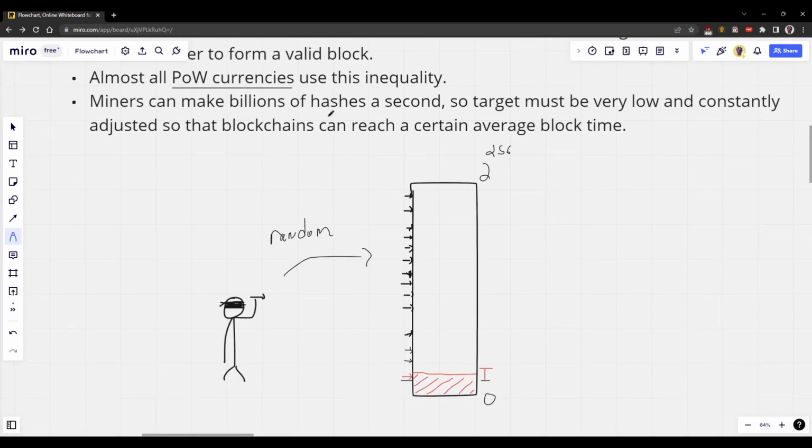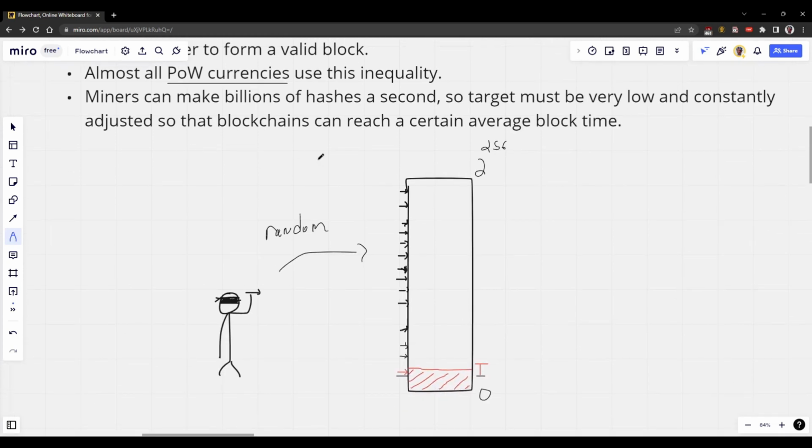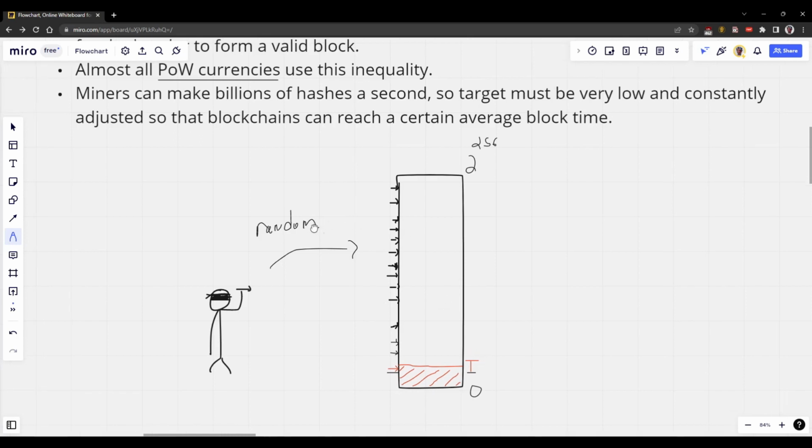So here's a little illustration to visually represent what's happening when someone is mining for blocks. You can think of it as a blindfolded man throwing darts at a wall. The goal for the blindfolded man is to get a dart below a certain height, which is going to be our target. Every time they throw a dart, it lands in a completely random spot.